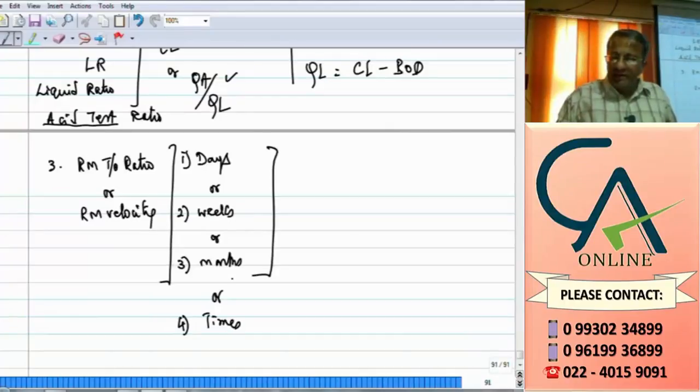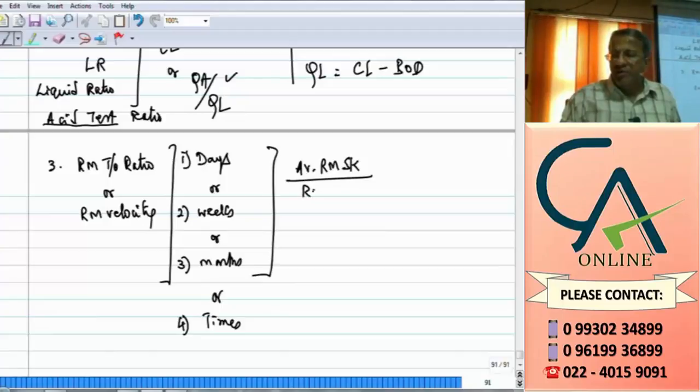In all these cases, the formula is going to be almost the same except in one particular place. It is average raw material stock divided by raw material consumption, into 365 or 360, or it could be 52 or 12.